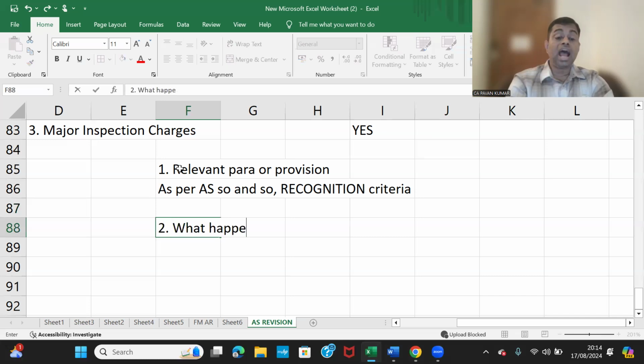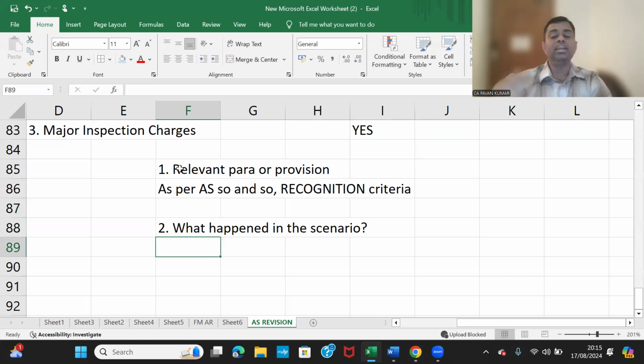Two. What happened in the scenario? In the given case, it is mentioned that the supermarket has undergone renovation. The renovation includes a restaurant and it is estimated to increase the future economic benefits.